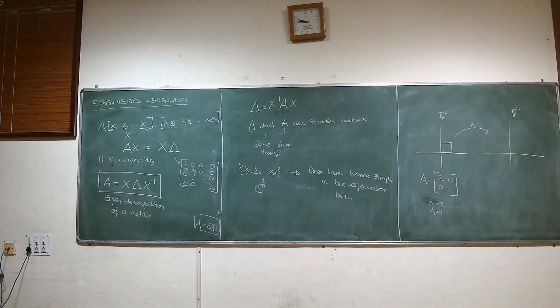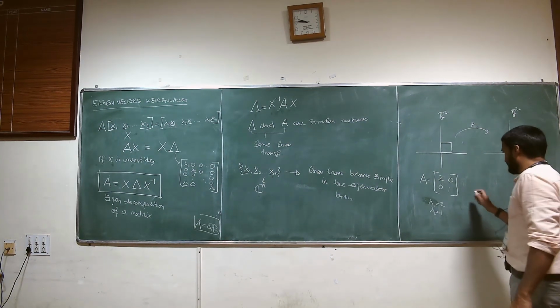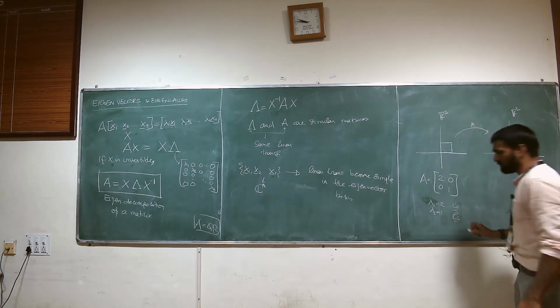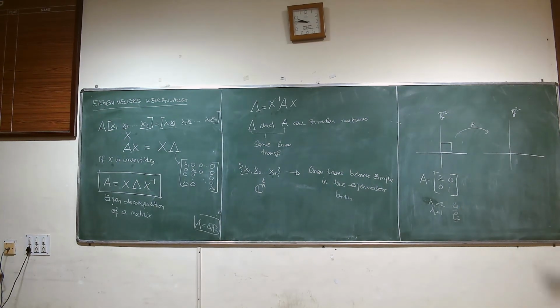Or what are the eigenvectors for this? Anything. If you do it, you will find out. Is it anything? No, I am wrong. It's E1, E2. You can verify that.